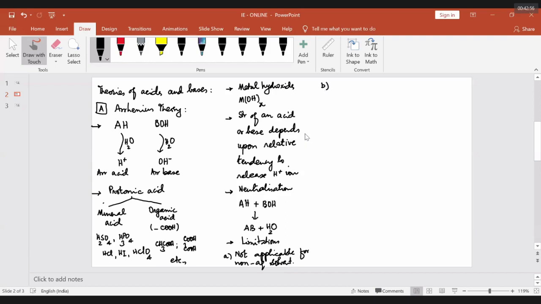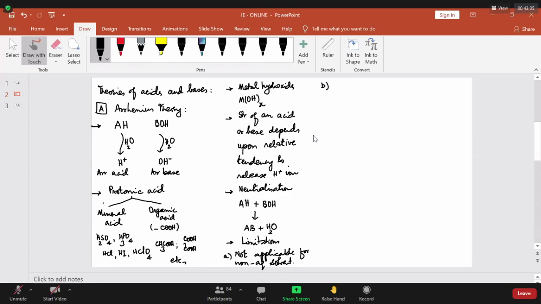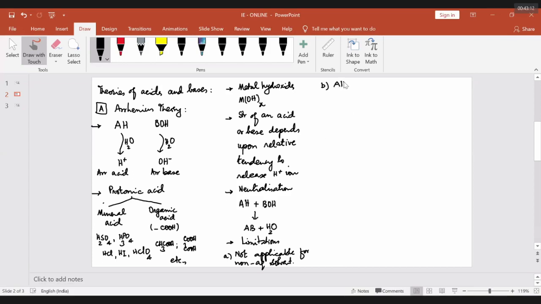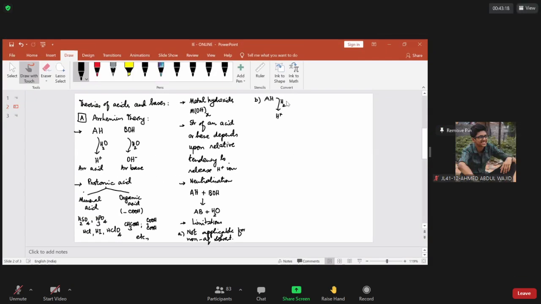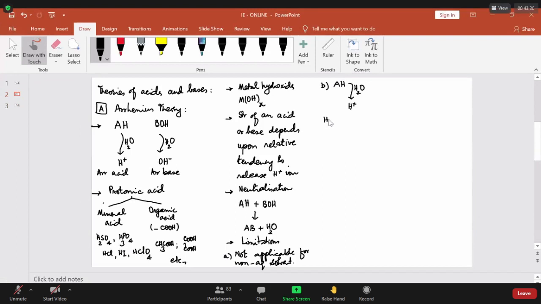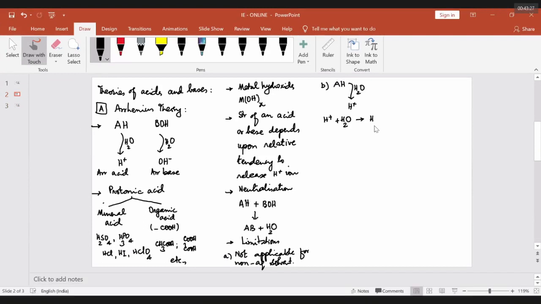Nice. Next, he suggested that whenever a substance is added into water, it releases H plus ion. This is wrong. There is no release of H plus ion because H plus ion never exists. Once AH releases H plus ion in presence of water, this H plus ion combines with water to form hydronium ion.